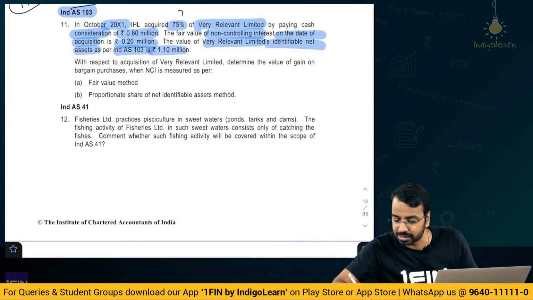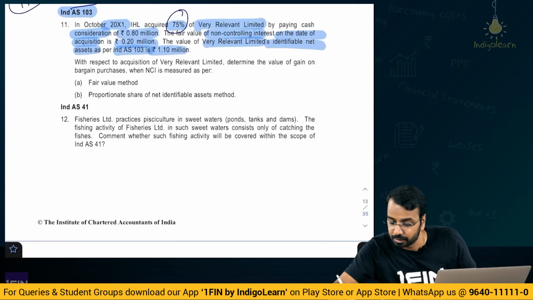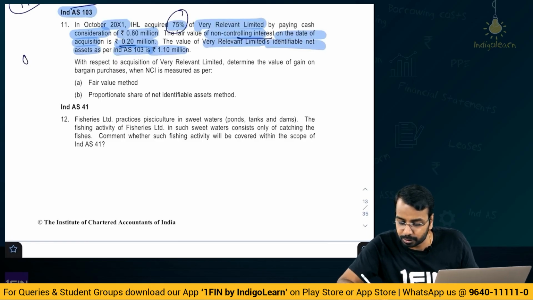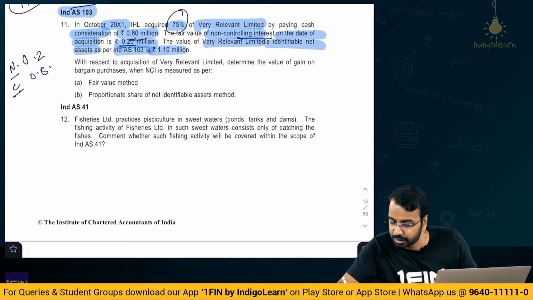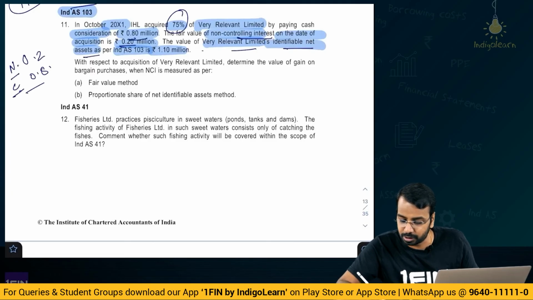So what they have given? 75% acquisition. The fair value of NCI is 0.2. So 0.2 is NCI. Consideration paid is how much? 0.8. Then the value of Very Relevant Limited identifiable net asset is 1.1. So this is 1, net asset is 1.1.